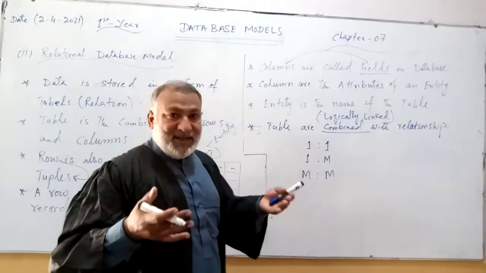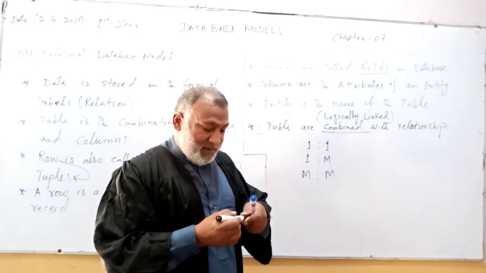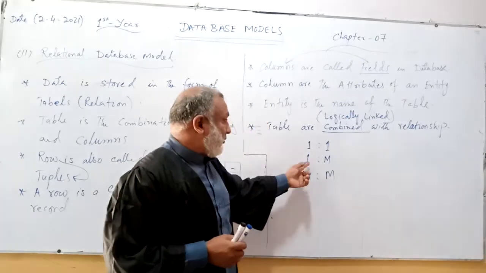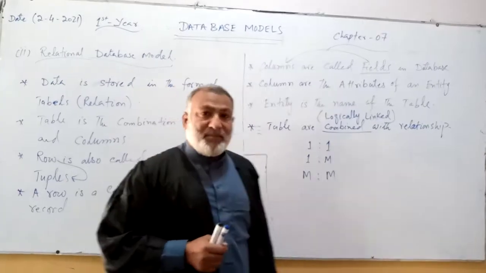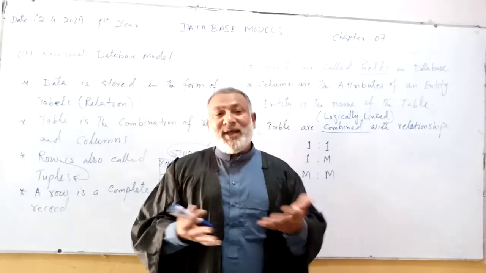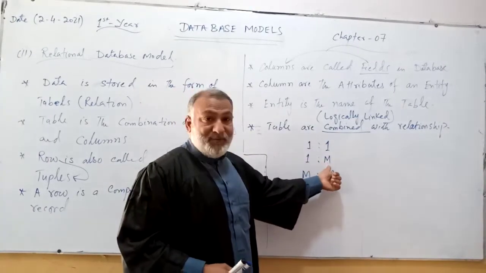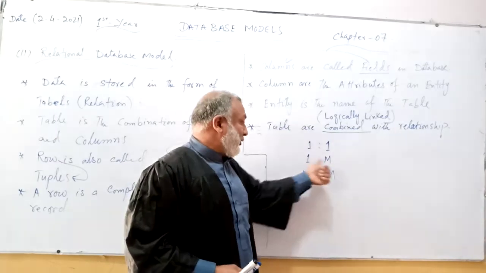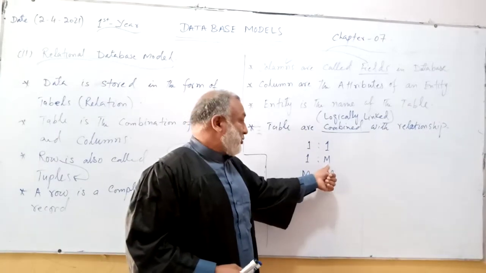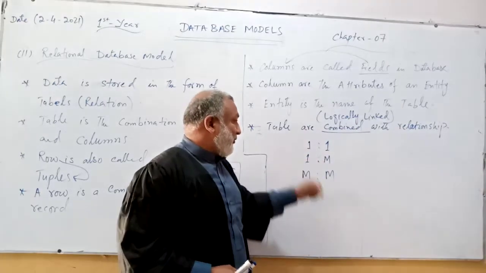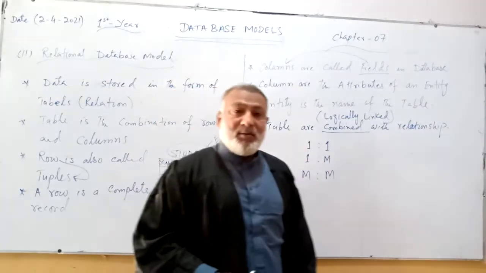When you are making a relationship between two tables, for example one to many, I give you an example: a parent can have many children. So one parent can have many children. If you take it from the other side, many children can have a single parent. So this is a relation which is called one to many.